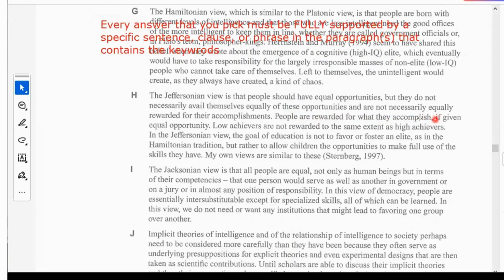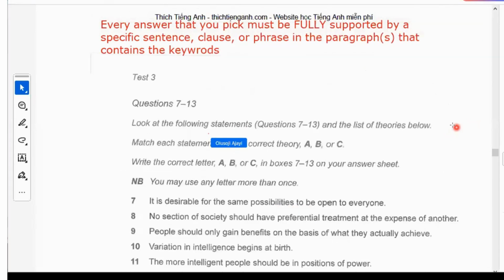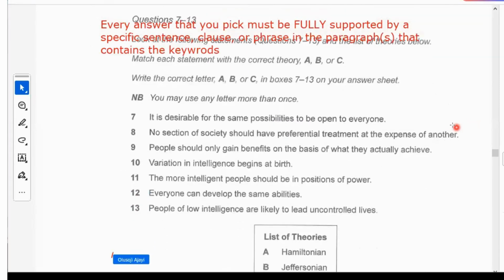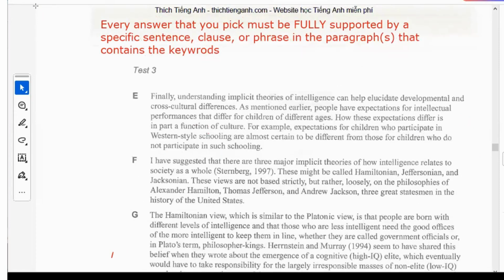Yes, that's it. Low achievers are not rewarded to the same extent as high achievers. So number 7 can be matched to Jeffersonian. No, sorry, number 9. Number 9, people are rewarded. Rewarded is a paraphrase for gain benefits. So number 9 is matched to B. Then let's go on.